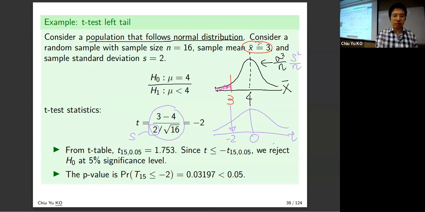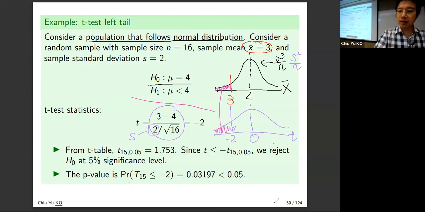And again the question will be, this area will be the same as above, and you just need to calculate this area. In this particular case, maybe it's worth repeating the Excel formula. This is T, which T you're using, use 15, because you use n-1.